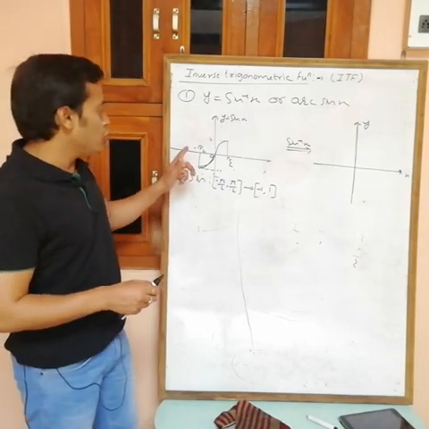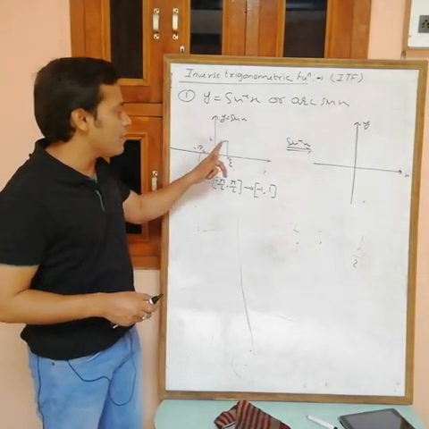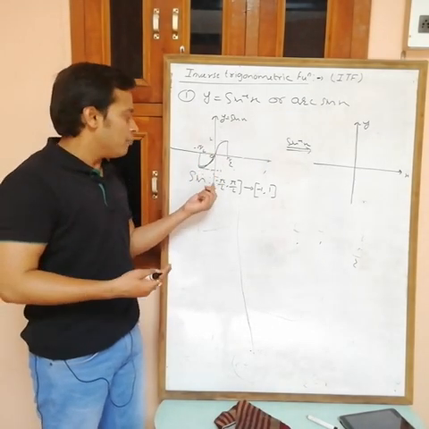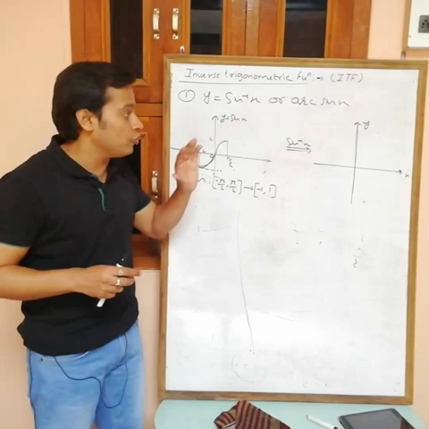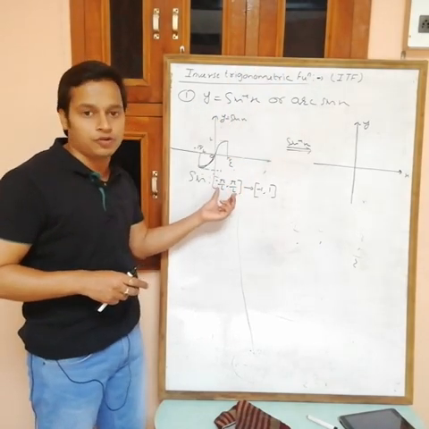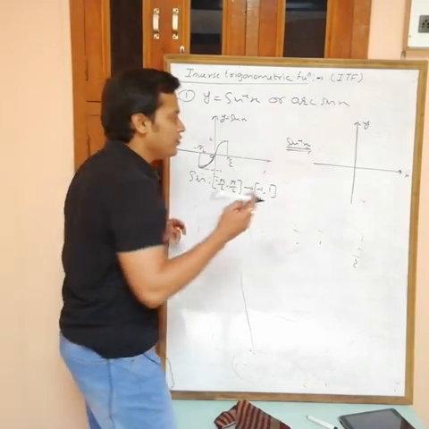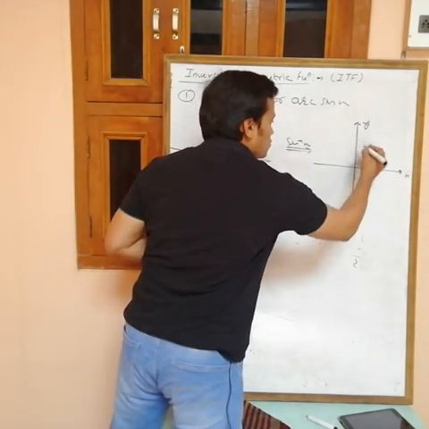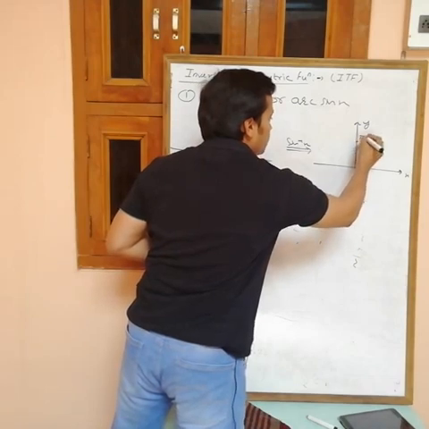Okay, now it means domain becomes range and range becomes domain. So the domain of this one is minus pi by 2 to plus pi by 2. Domain of sine after redefining is minus pi by 2 to plus pi by 2. So in case of sine inverse, this becomes the range. Okay, so range of sine inverse is minus pi by 2 to plus pi by 2. Suppose this is minus pi by 2 and this one is plus pi by 2.